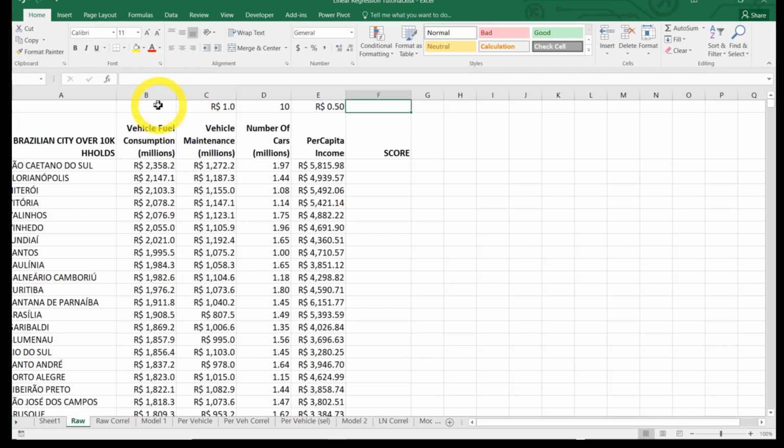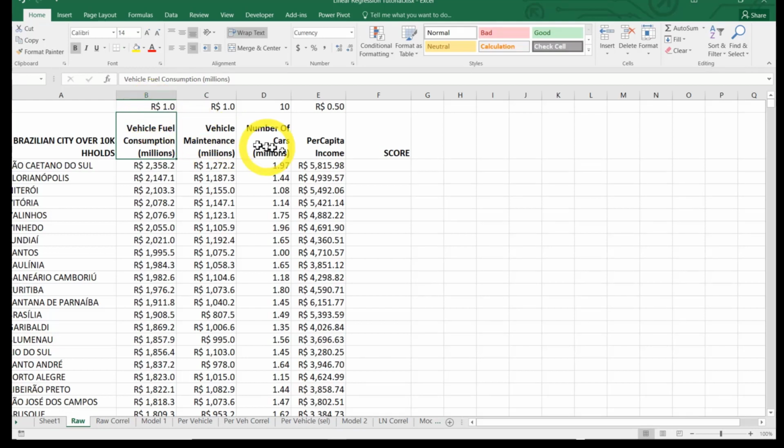The score is going to be this weight times vehicle maintenance, this weight times number of cars, plus this weight times per capita income, plus an intercept, something that would help us adjust the score to the dependent variable, to fuel consumption. And I'm going to put this intercept here. Okay, let's say 1. We don't know, right? So let's put a number 1 there.